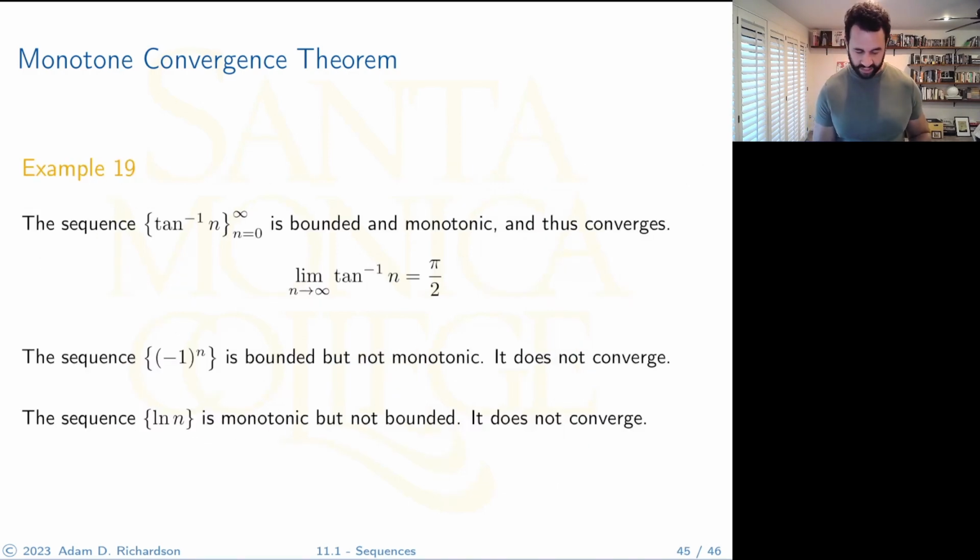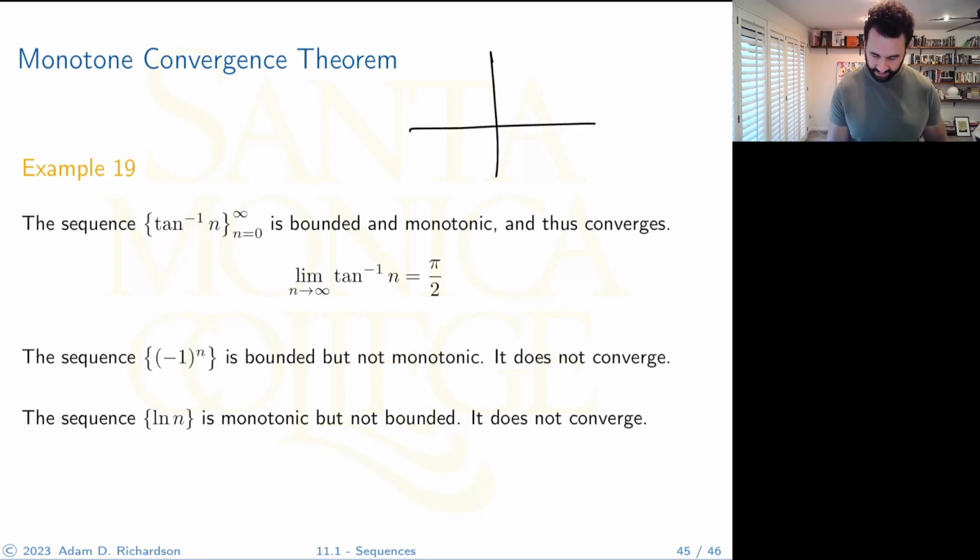So consider the sequence arctangent of n. Well, arctangent is bounded, and when n is a positive integer or a non-negative integer, arctangent of n is monotonic. It keeps going up, right? Arctangent of n looks like this.